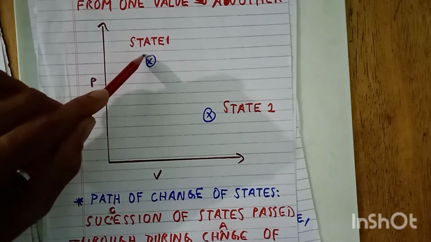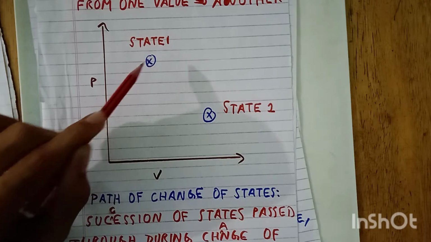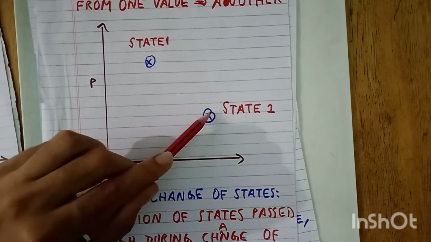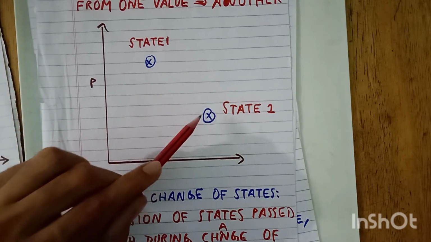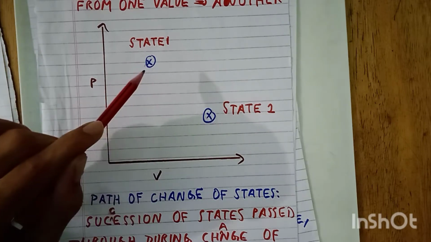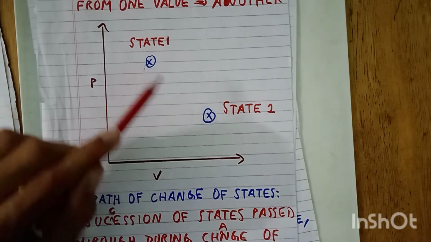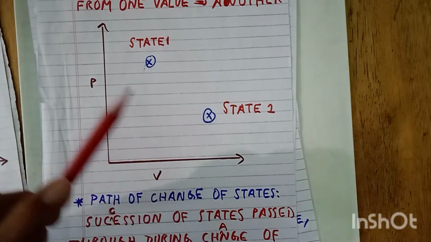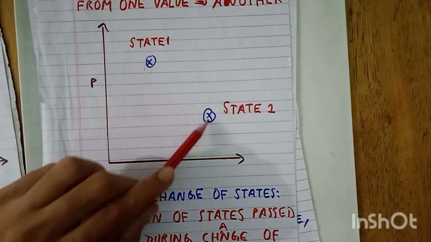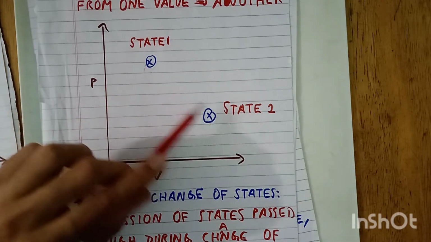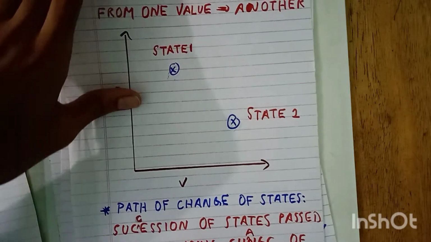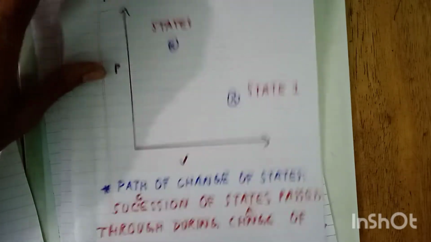Now consider that due to surrounding factors the values of pressure and volume have changed, and the same system has reached here. When the values of properties change from one definite set of values to another definite set of values, we call it change of state. So when the system went from state 1 to state 2, that is called change of state. That means the values of properties change. This is what we call change of state.